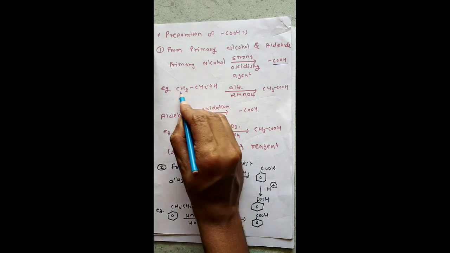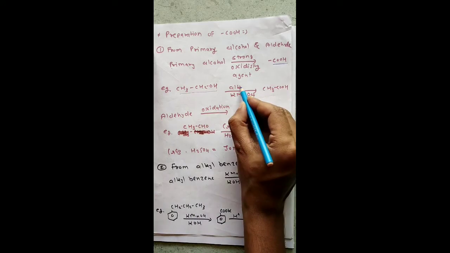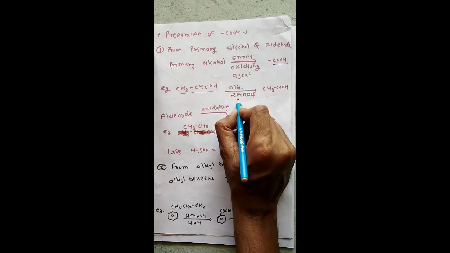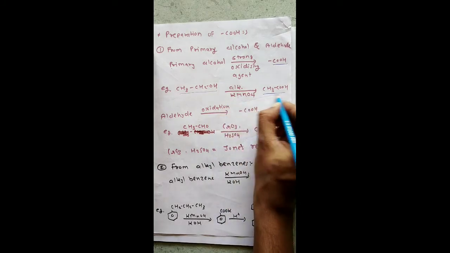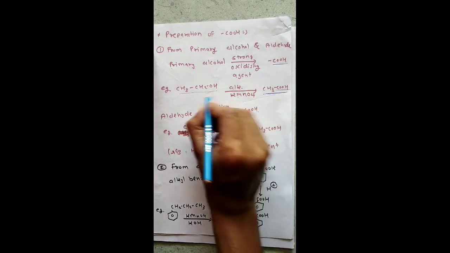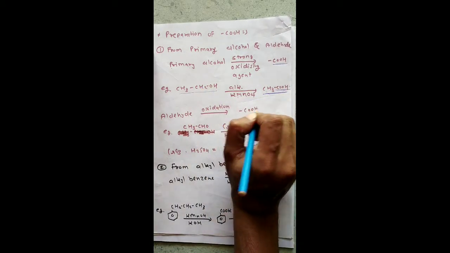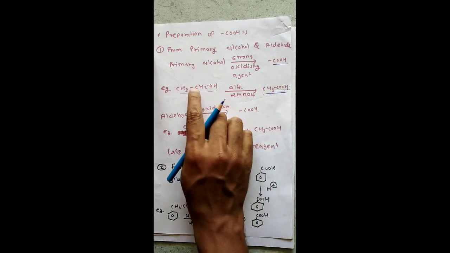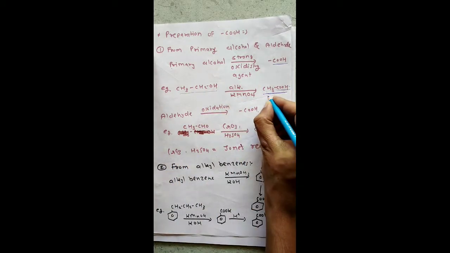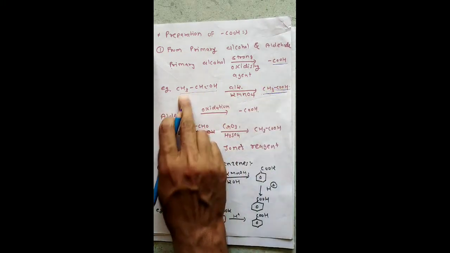You can see the example, CH3CH2OH. This one is the primary alcohol. As the strong oxidizing agent, I have taken alkaline KMnO4. It will give you the COOH group. Instead of CH2OH, you have to write the COOH group. You can see oxygen is adding here, so it is an oxidation reaction. Oxidation of alcohol, we have learned that in the previous chapter also. So it gives you carboxylic acid.